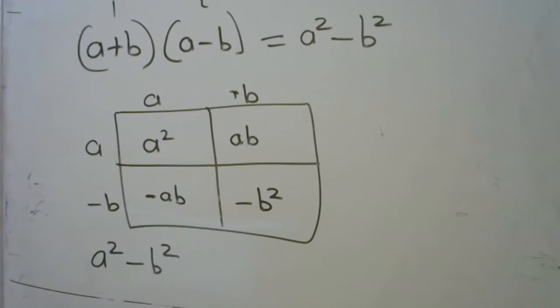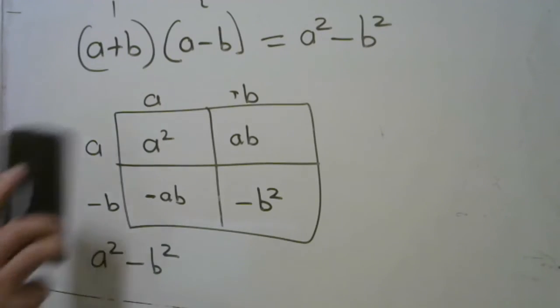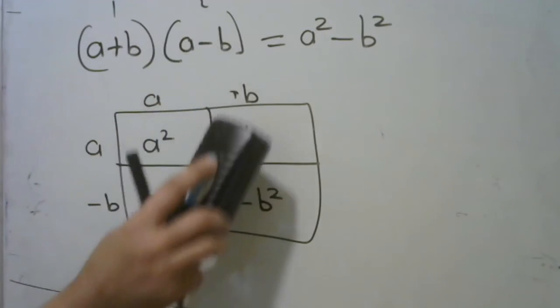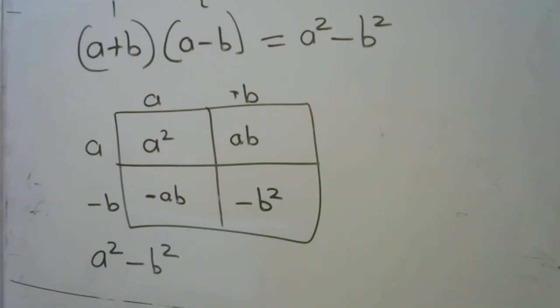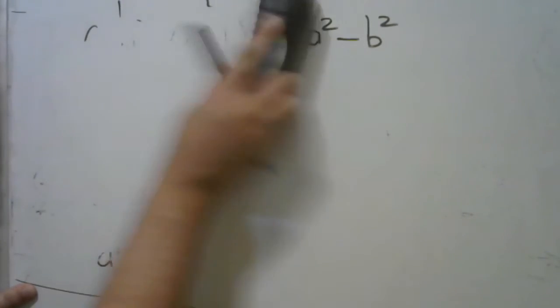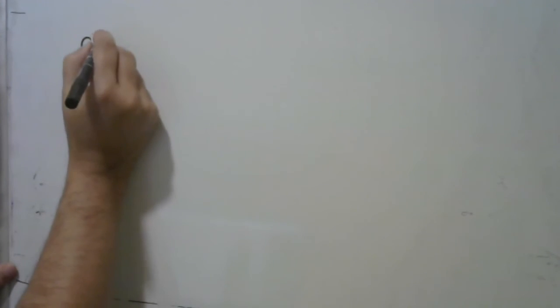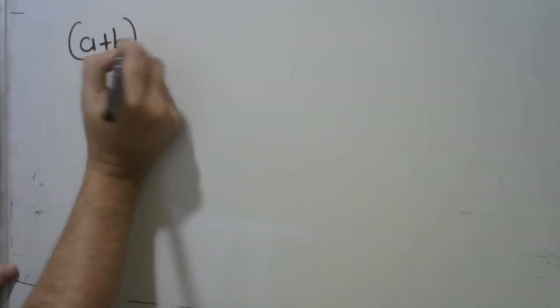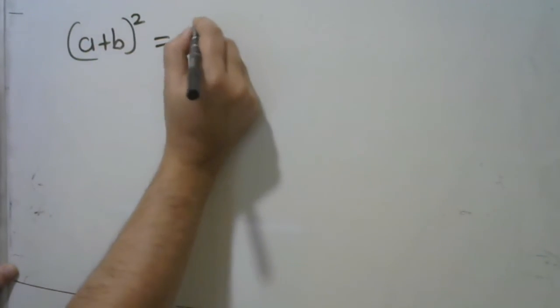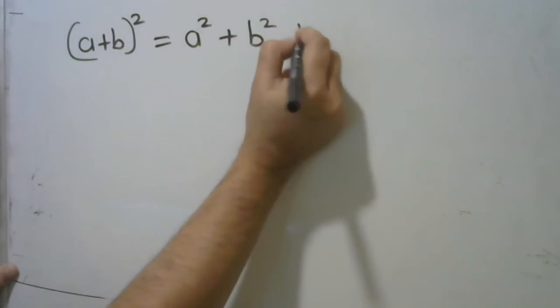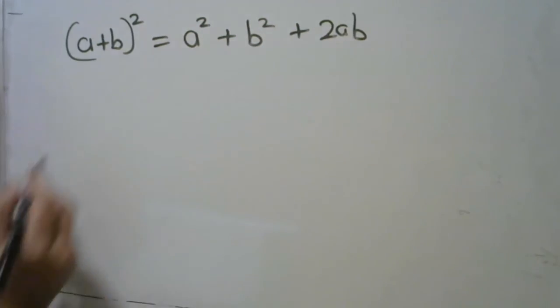I'll summarize it now here, right? We know A plus B times A minus B is A squared minus B squared, and the method to do it. So we have gone through this. A plus B all squared is the same as A squared plus B squared plus 2AB.